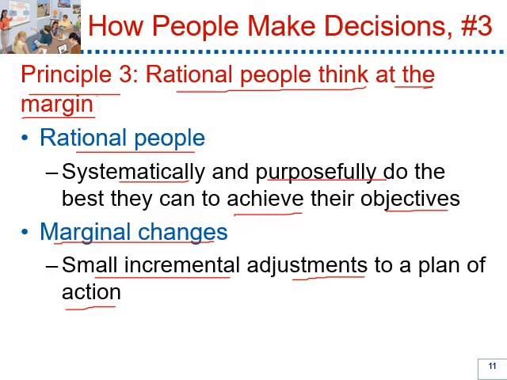Another example of a rational decision is about water and diamonds. Why is water so cheap and diamonds very expensive? The marginal benefit of a good depends on how many units a person already has.